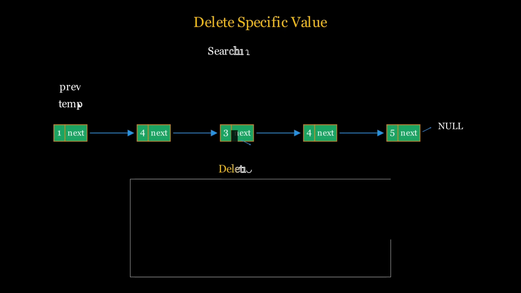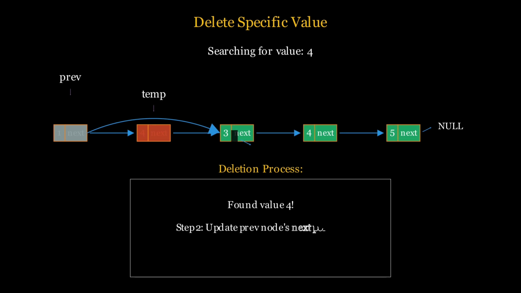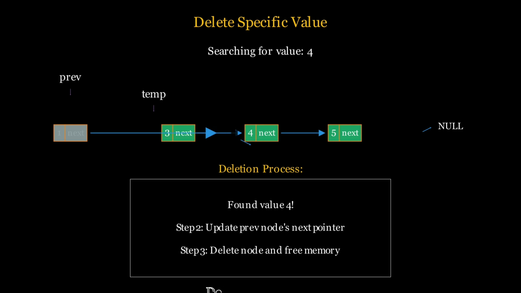To delete a specific value, we first need to traverse the list to find the node containing the value. So let's start from the head and move to each node until we find the value 4. Once we find the node, we follow these steps. Update the previous node's next pointer to skip the node being deleted, and remove the node and free its memory.